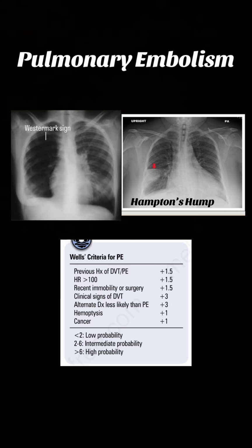Also, one more thing: if someone has a contraindication to IV contrast or cannot undergo CT pulmonary angiography, then you're going to go for a VQ scan, like in pregnant patients. And also remember the management: anticoagulants are given unless there are specific contraindications to anticoagulation.